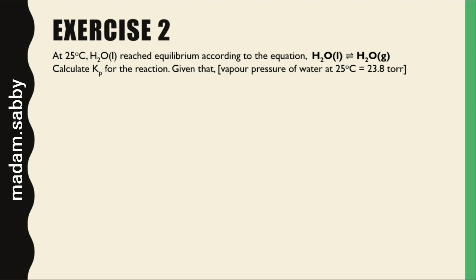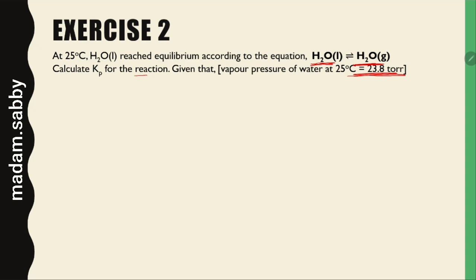Let's look at exercise 2. You are given a process of liquid water changing into gaseous water, and you are asked to calculate Kp for the reaction, given that the vapor pressure of water at 25 degrees Celsius is 23.8 torr.